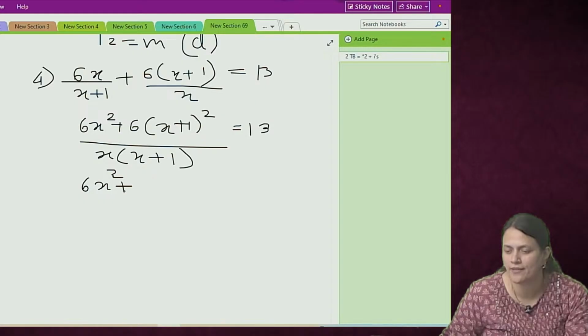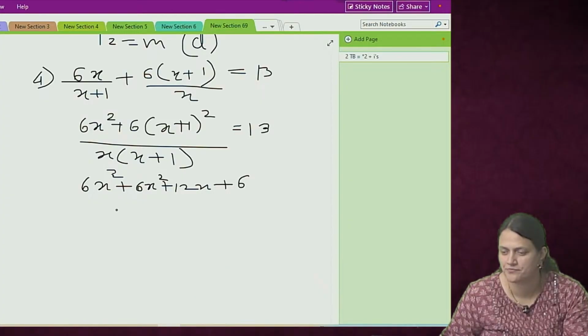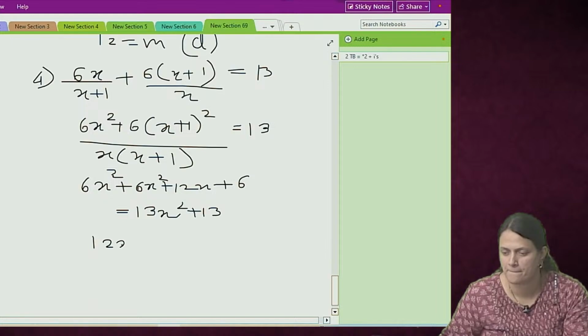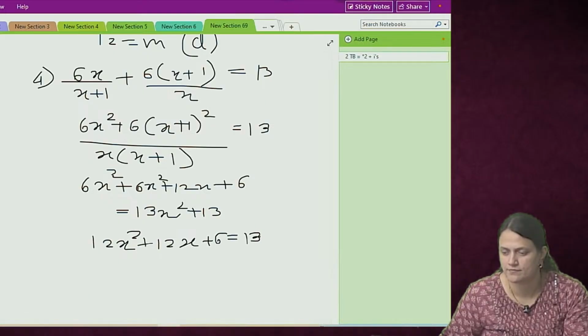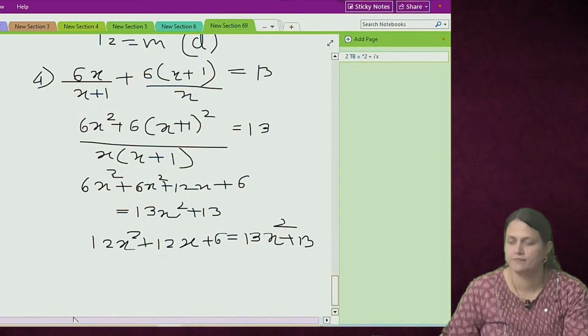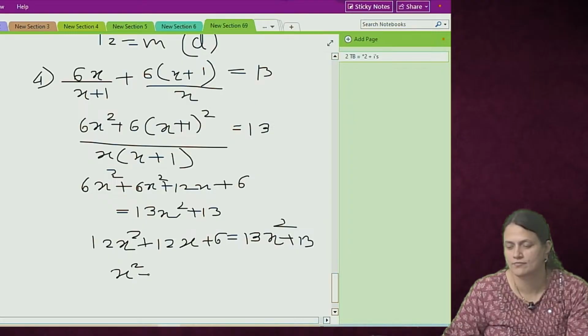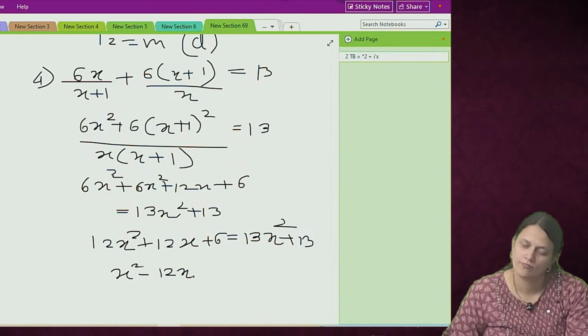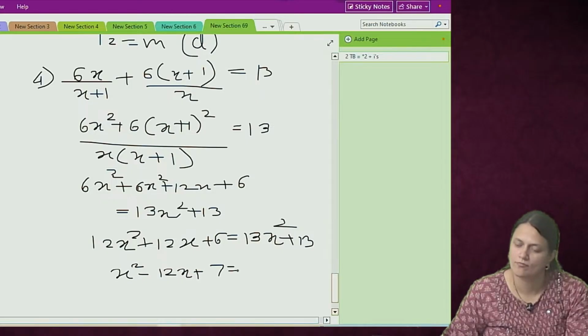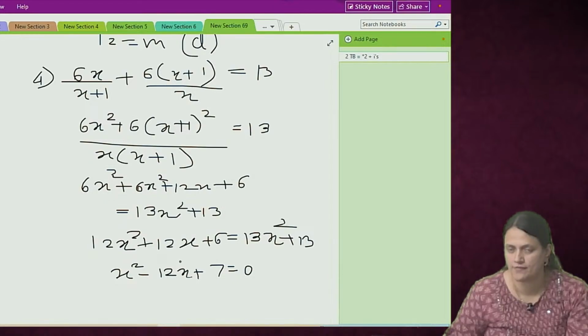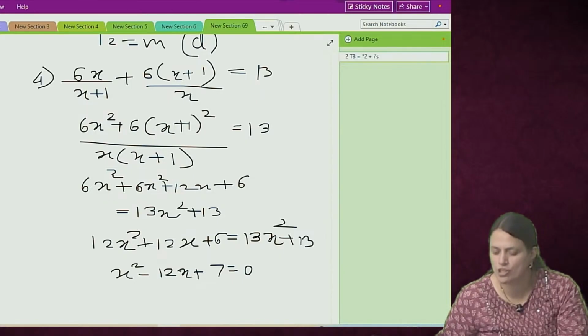Check which option is correct. Which option is correct?